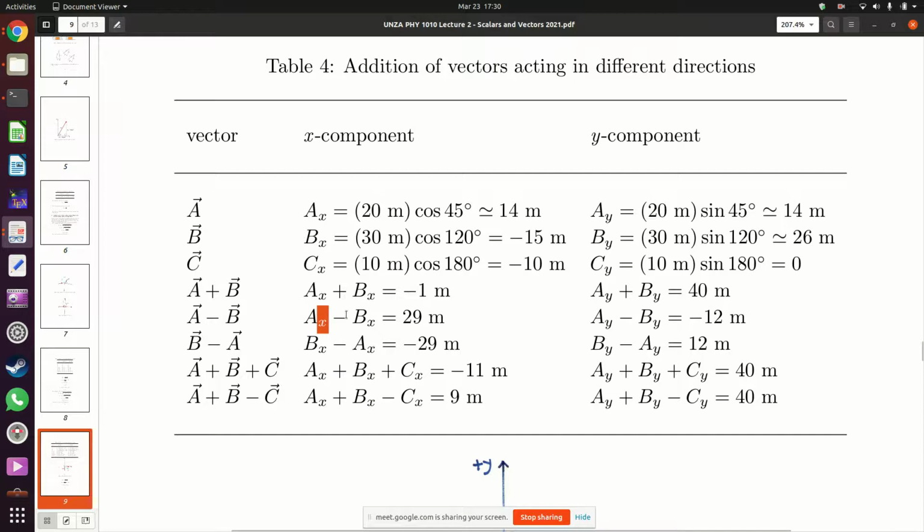So ax is 14 meters, then we put a minus, then bx is minus 15 meters. So we have 14 meters minus minus 15 meters, and that gives us 29 meters. Is that clear?